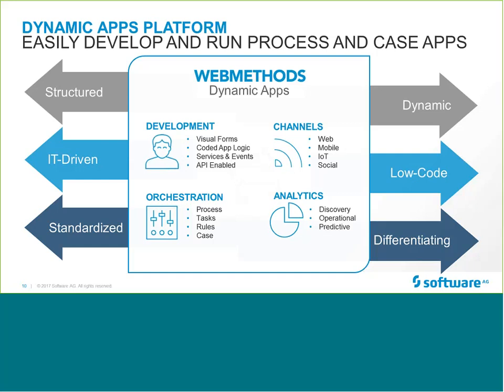Then the channels of outreach, right? You have web, mobile, social, IoT, which brings various styles of events and context to your application. And ubiquitous analytics, which is very important for your operational needs and discovery of patterns, so you can do things like next best actions, etc.